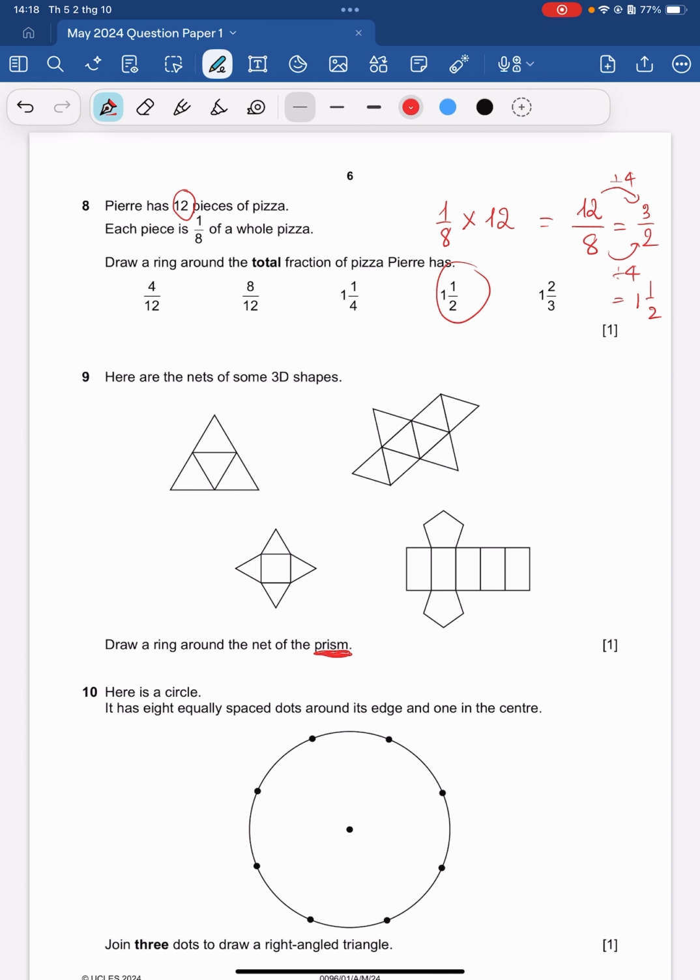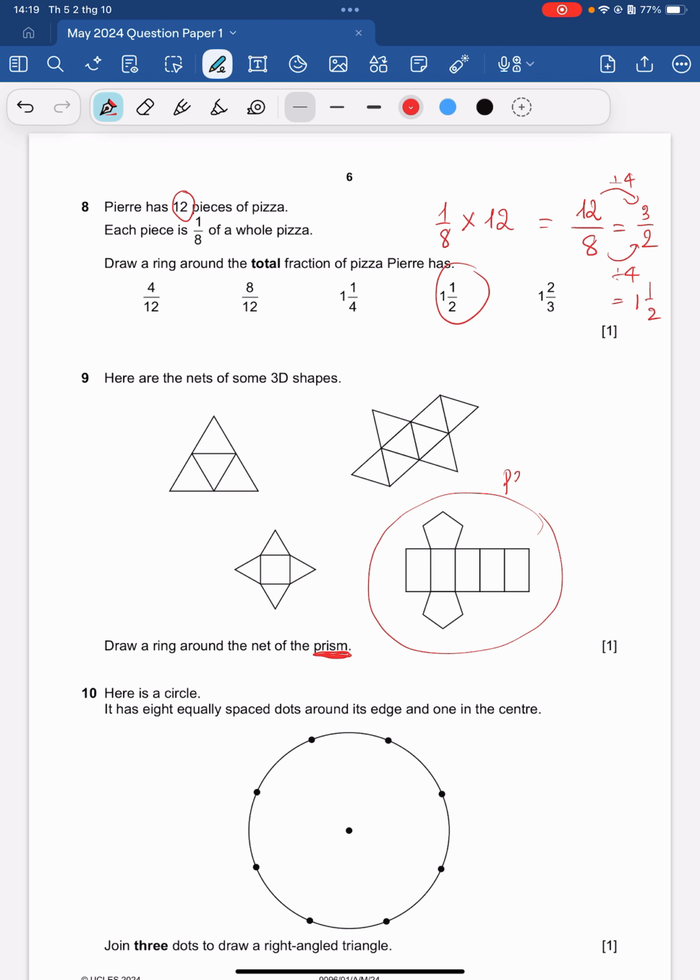I'm sure it's not. Prism. Oh, this one, right? Remember, a prism has 2 faces that are the same, right? And the faces around should be rectangles. Okay, that's the answer. It's a pentagonal prism, right? Pentagonal prism.